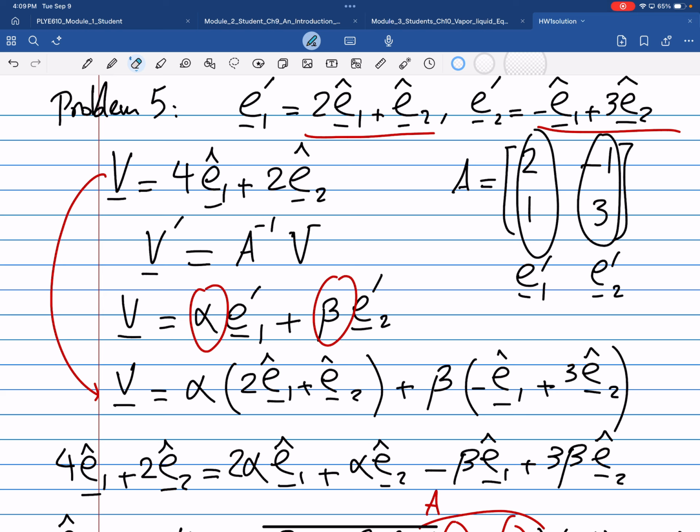Instead of writing e prime 1 and 2, I have the expression of these basis vectors in the original coordinates, so I will just replace them and do a little bit of algebra so I can deduce two equations here and solve. If I had three bases, I would have three equations. It's exactly the same. And again, backward transformation also works the same.